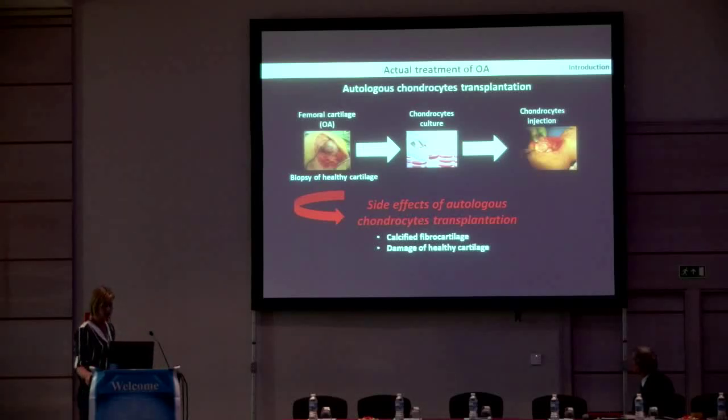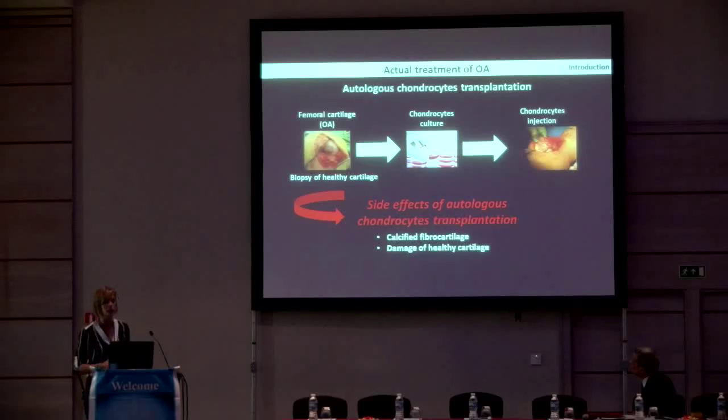The second major side effect is that once you touch the cartilage, even the preserved part from the osteoarthritic knee, you will cause damage. Why? Because cartilage doesn't have a self-repair potential. And this damage can actually lead to secondary osteoarthritis at that site as well.